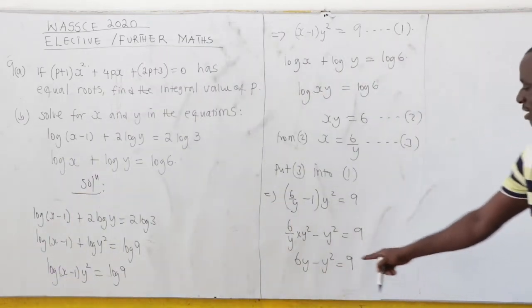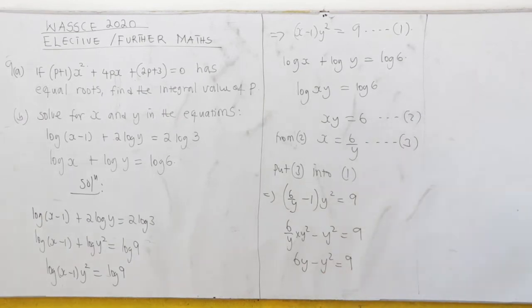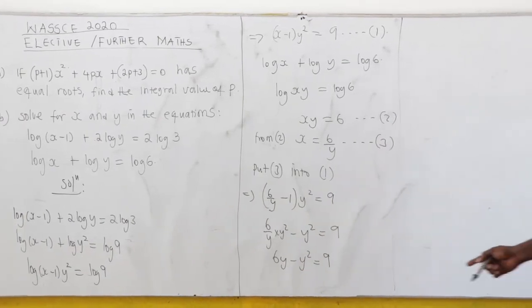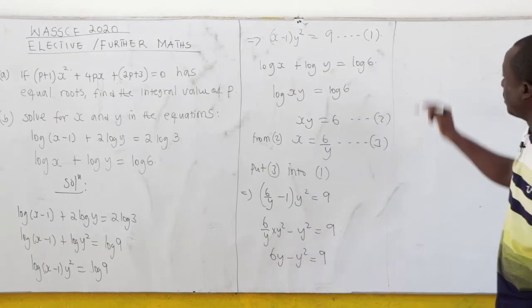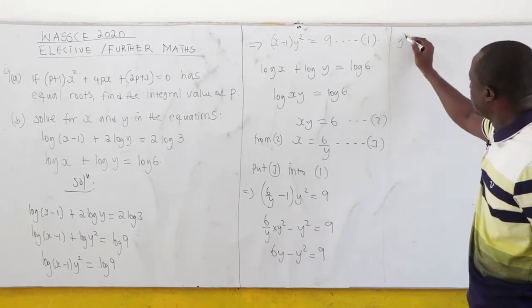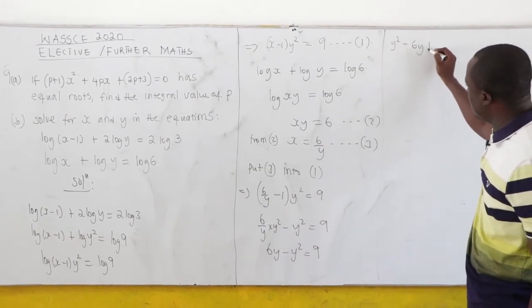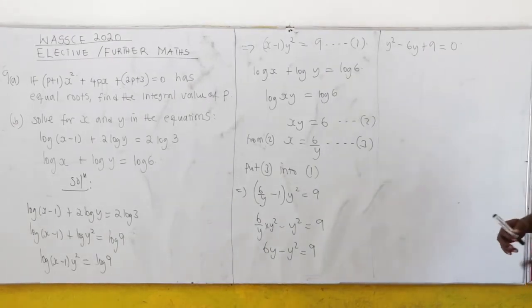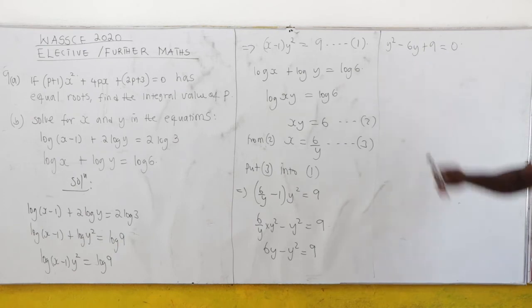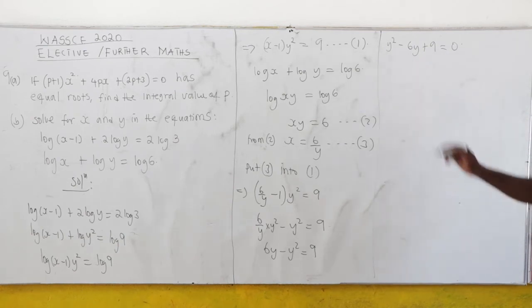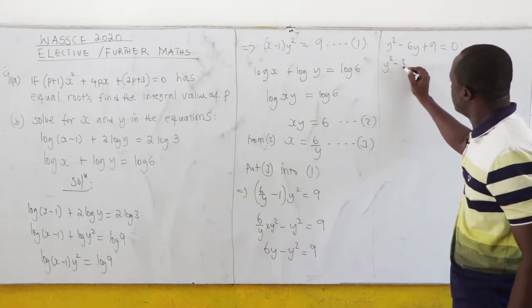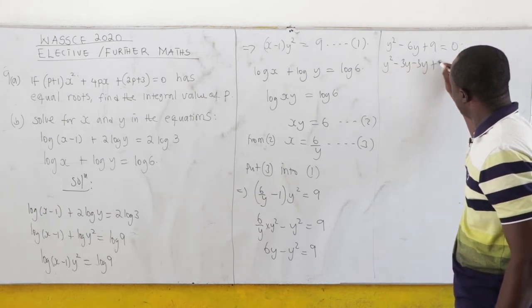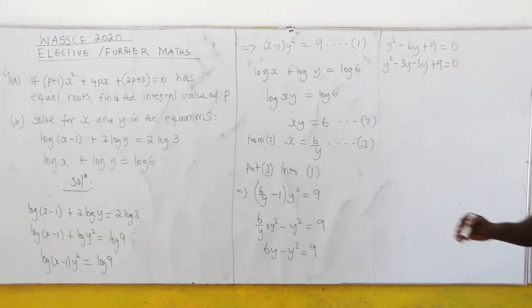Now from here, let's take everything to the right hand side. So here we have y² − 6y + 9 = 0. Quadratic equation: two numbers that when you multiply, we get 9, when you add, you get negative 6. That's negative 3, negative 3.